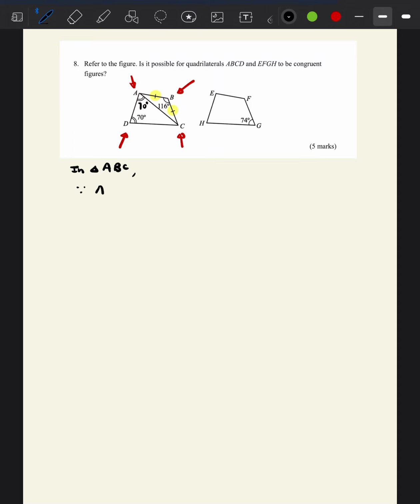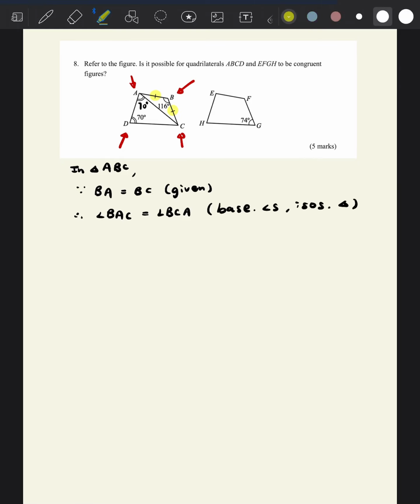Because BA is equal to BC, given, therefore angle BAC is equal to angle BCA. Base angles, isosceles triangle. Again, make sure you have both lines. They come in a pair.